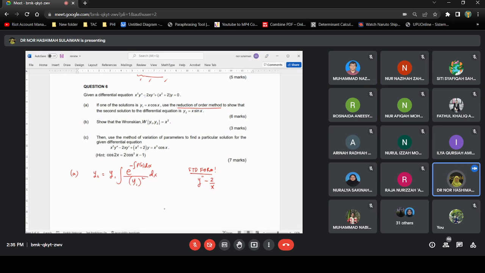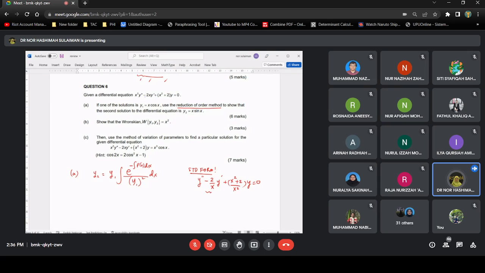Negative 2 over x and then you have y prime. What I do is I divide all the terms dengan apa? Dengan the coefficient of the highest derivative kan? Betul tak? Which is x squared. Y equal to 0.